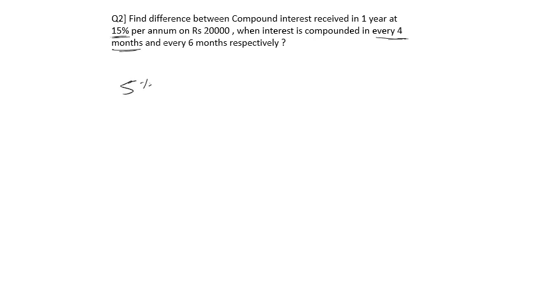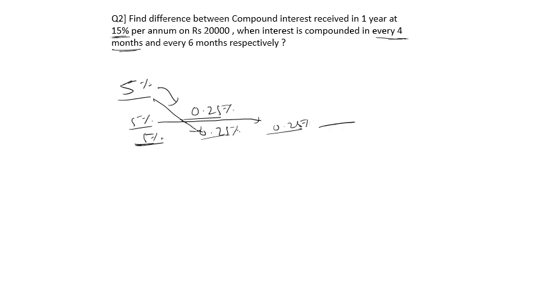And how many 4-month periods are there in 1 year? 3. So 5% is first, second is again 5%, and 5% of 5%, that is 0.25%. The last 4-month period is again 5%, and 5% of 5% is again 0.25%, and again 5% of 0.25 is 0.0125%.